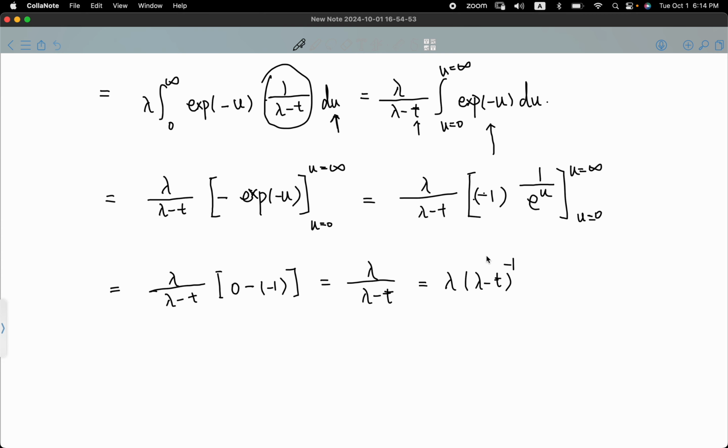Maybe this expression can help you when you take the derivative with respect to t, to ease the notation. And sometimes you will also see people writing the moment generating function as (1 minus t over lambda) raised to the power of -1. But they are all the same. It's just using different ways to express the same formulation.